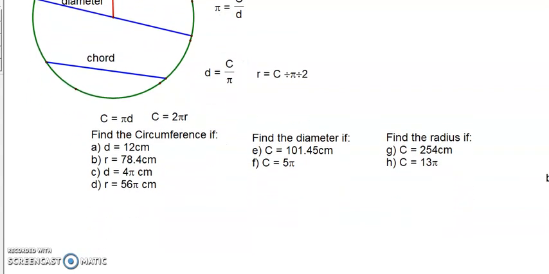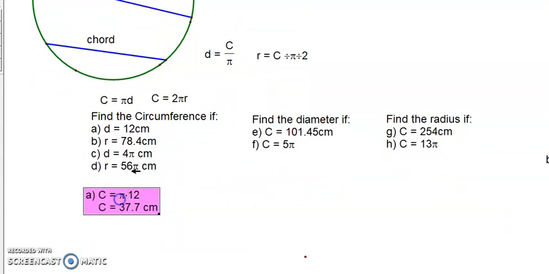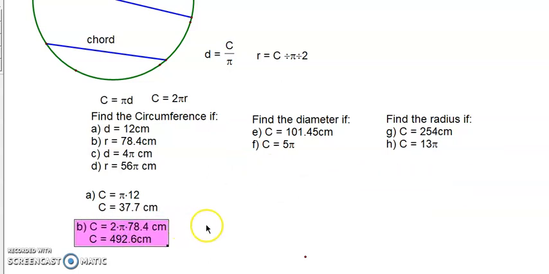Okay, so let's do example A. Circumference is pi times 12, so it's 37. B, I know the radius. So the radius is 78.4, so 2 times pi times 78.4, circumference is 492.6. C, 4 pi.